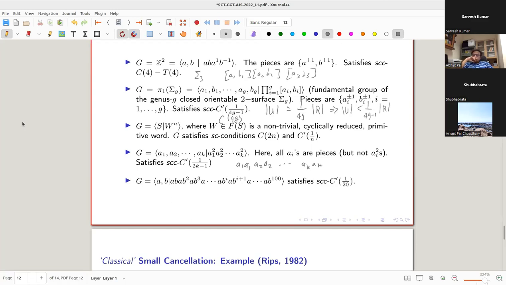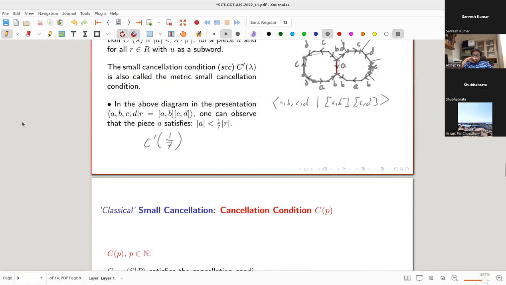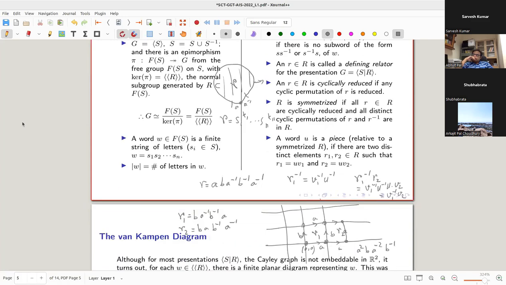For ai squares, I do not have two distinct elements such that ai square is in the beginning and V1 and V2 are not the same.